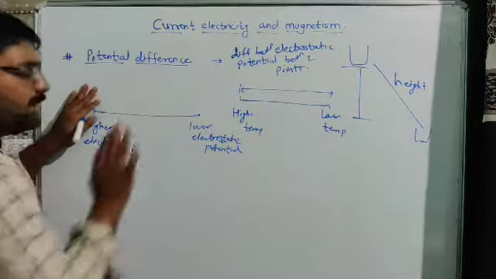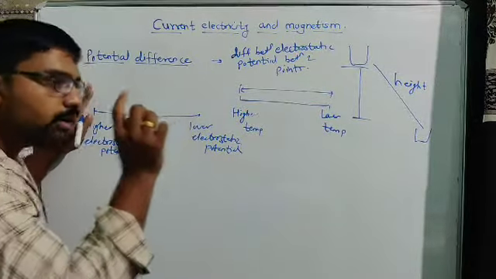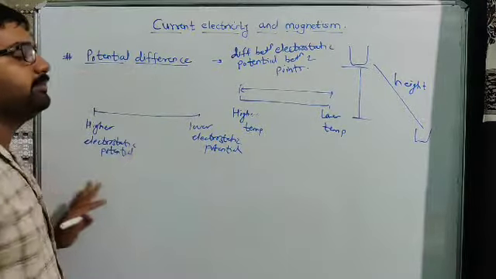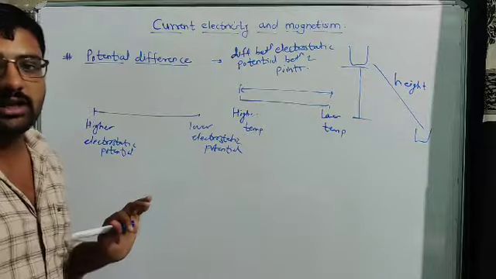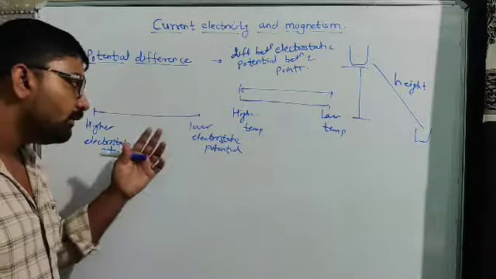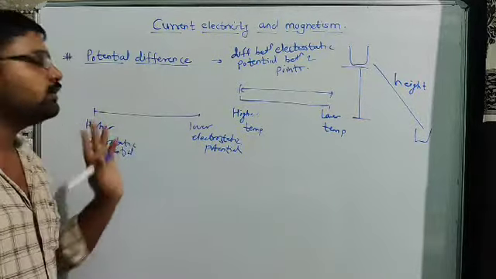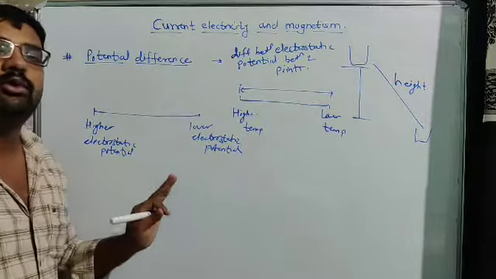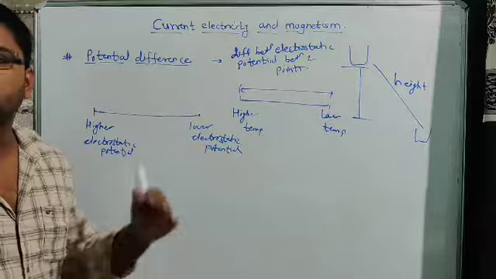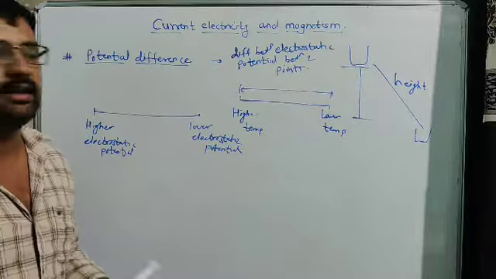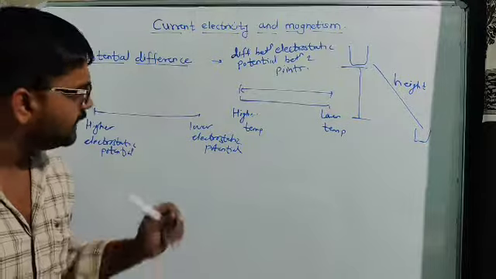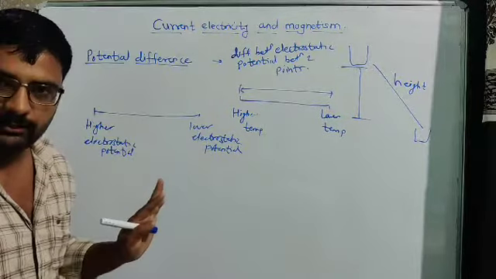One is at higher and one is at lower, so the difference of potential between them is simply called a potential difference. We know that for the motion of charges we require a potential difference. If potential difference is not there, then the charges cannot move. This is a very basic condition.